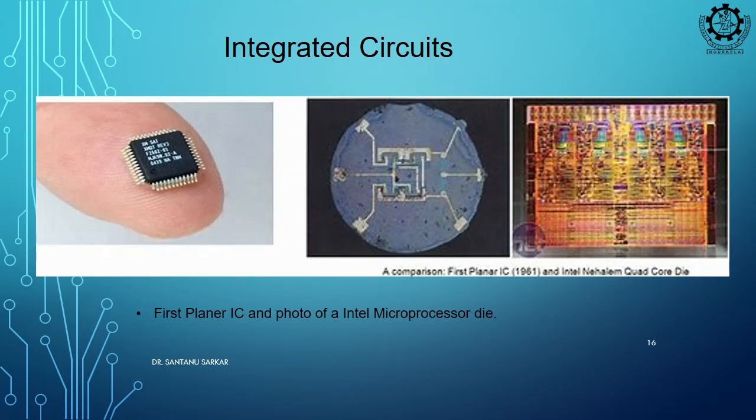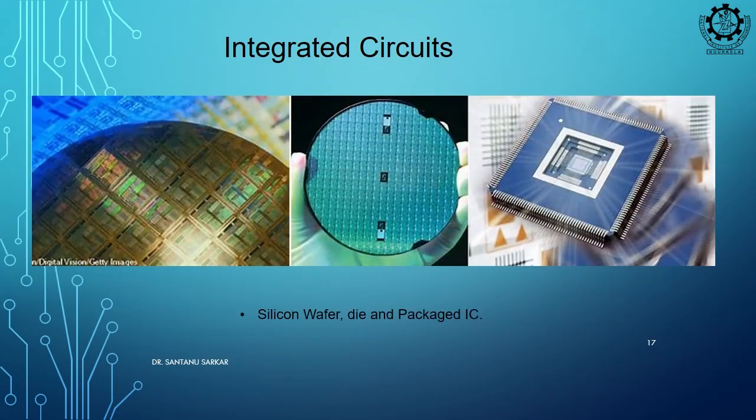This you already know, what is a planar IC, what is a wafer, what is the die photo. So this is all a single integrated circuit. This is a full wafer having several dies: die 1, die 2, die 3. They actually get cut off, like sawing.